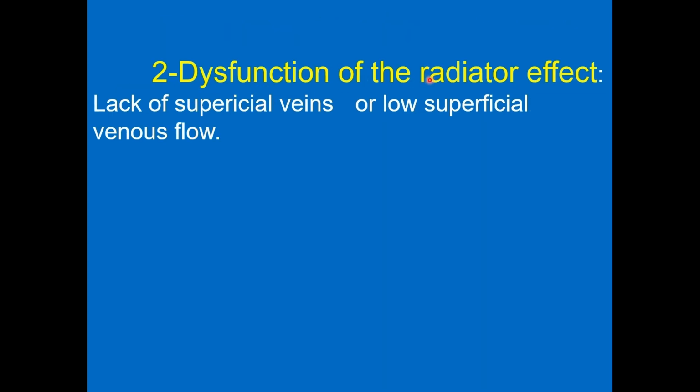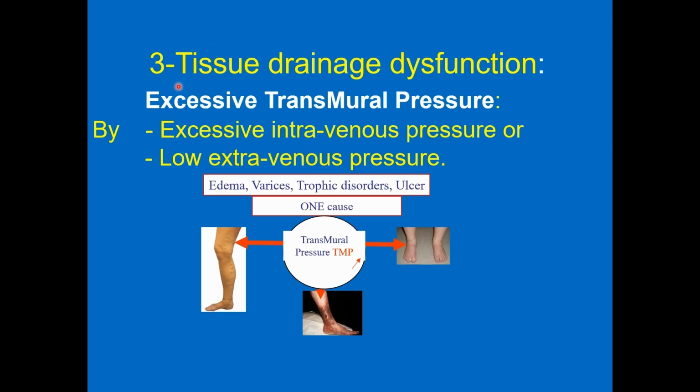Dysfunction of the radiator effect by lack of superficial veins or low superficial venous flow. Tissue drainage dysfunction: excessive transmural pressure by excessive intravenous pressure or low extravenous pressure. Practically, transmural pressure here is the only cause of edema, varices, trophic disorders, and ulcer.